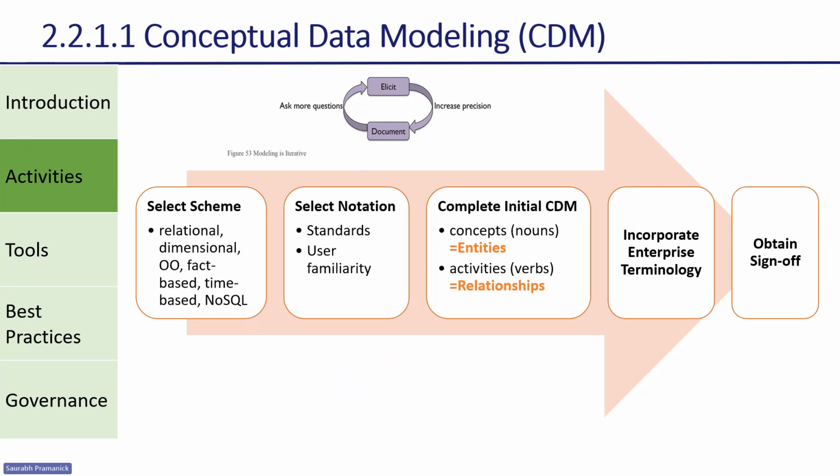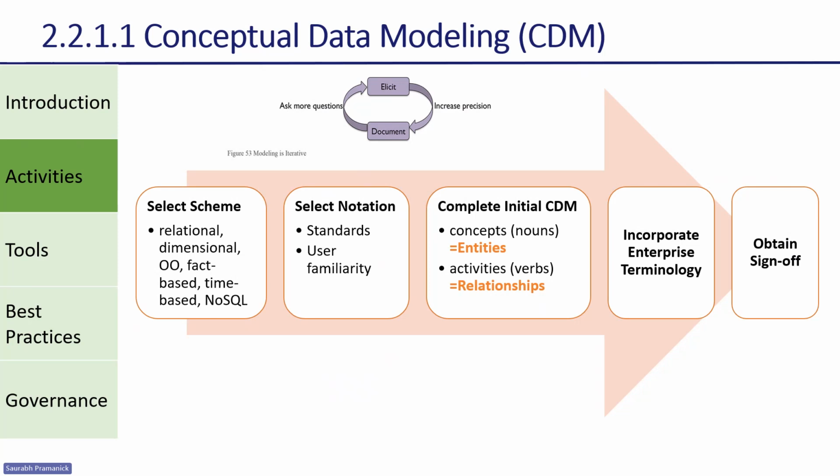You identify what my scope of work is, what my subject areas or business areas are. Then you define the scheme: whether this data model is being built for a specific subject area or for an enterprise subject area, and what kind of notation you're going to use.